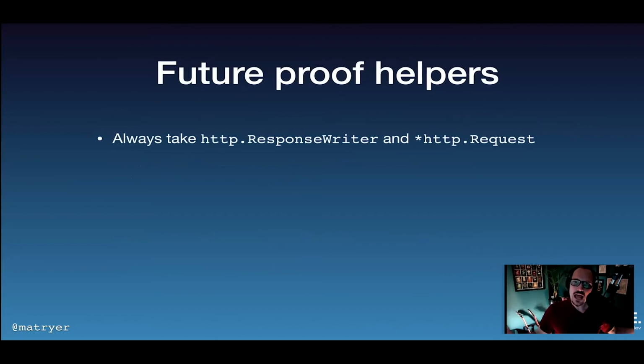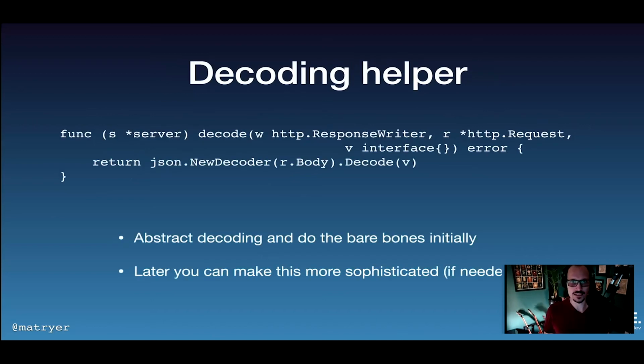If you build helpers yourself, then I would say always take the response writer and the request, even if you don't use them initially. Like in this case, look, we don't use the response writer here when I'm decoding. But if you take them both, you're kind of future-proofing the API, and it's only 2 arguments.